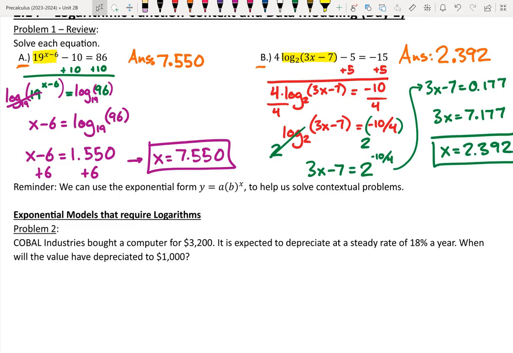That's its opposite. I do the opposite. If we have multiplying, we undid that with division.